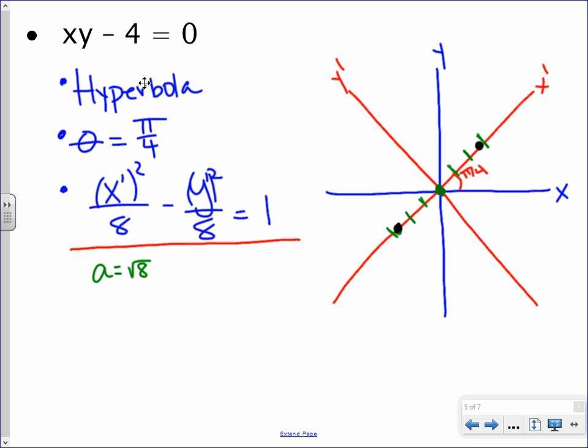Okay. Our B value is radical 8. So vertically, I'm going to move 1, 2, almost 3 away. And then I'm going to make our box here. And our asymptotes have to go through the corners.